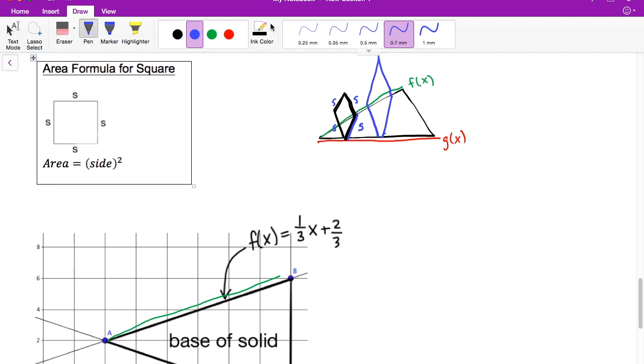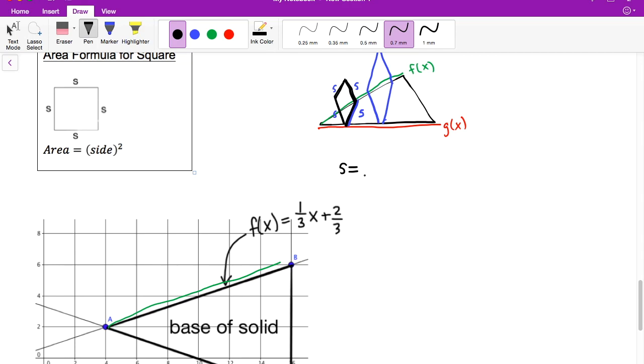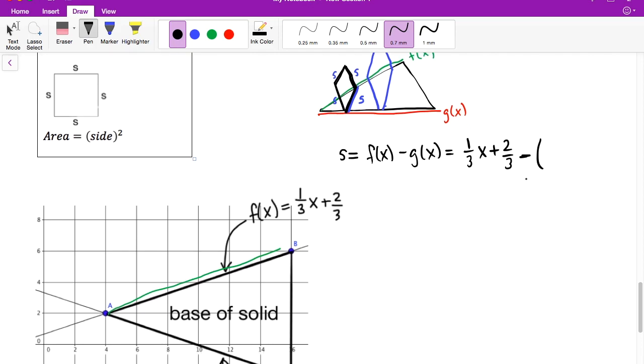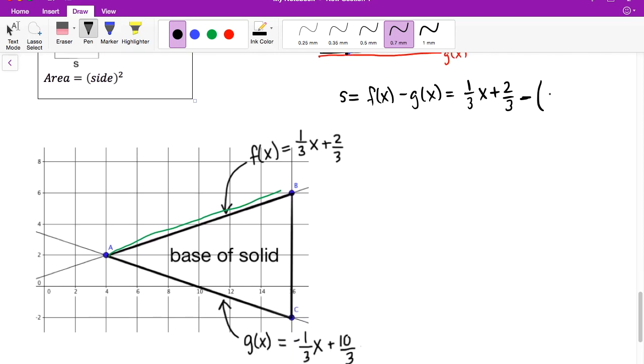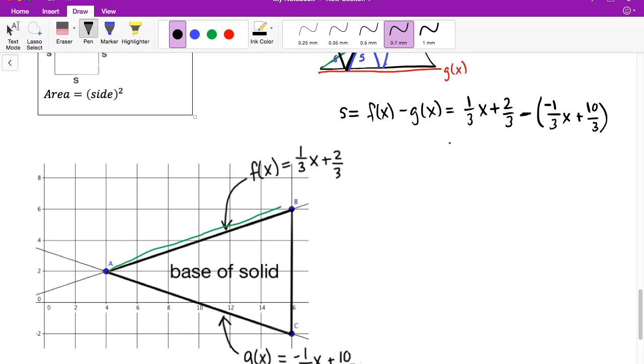All we need to do is make sure we have an expression for the changing side lengths. Since the side length is always the distance between f and g, s is always going to be this equation: 1/3 x plus 2/3 minus g of x, which is negative 1/3 x plus 10/3.